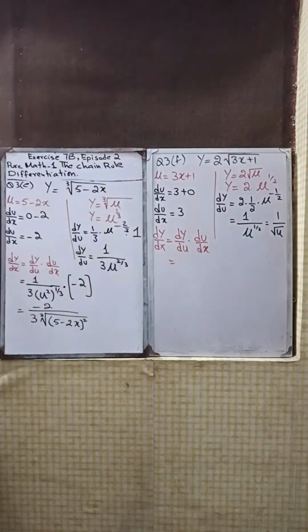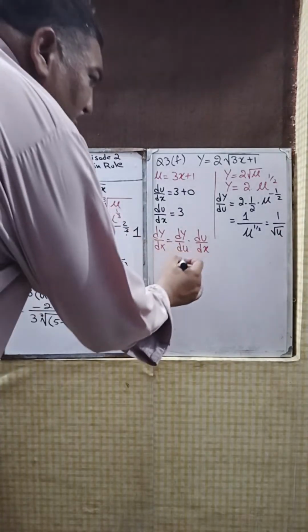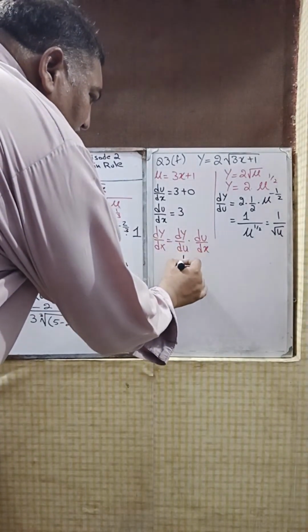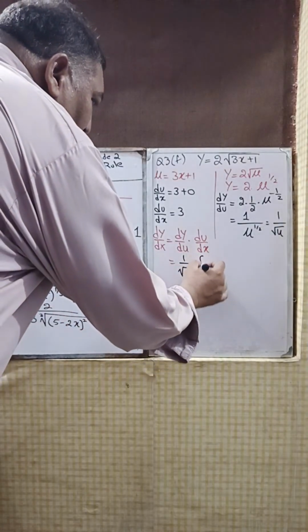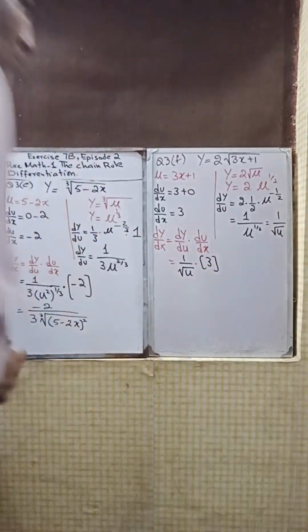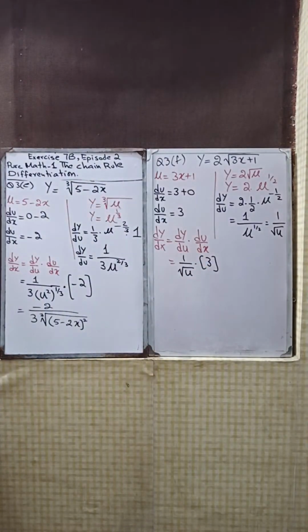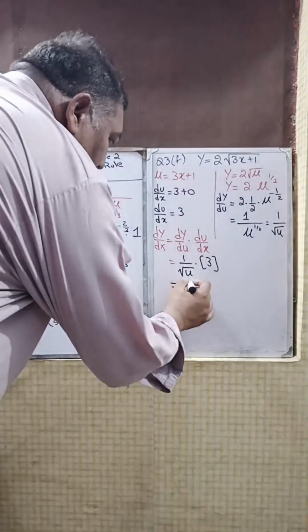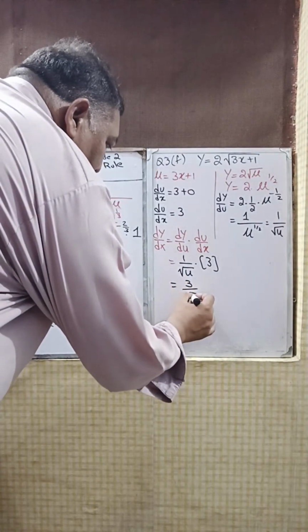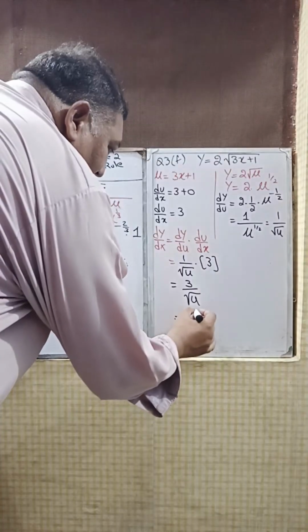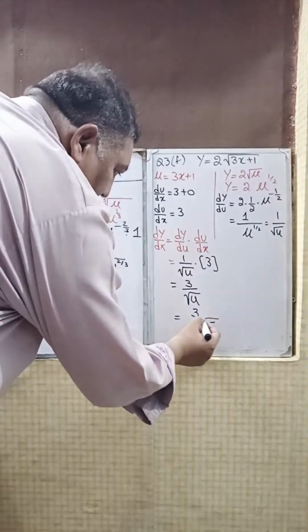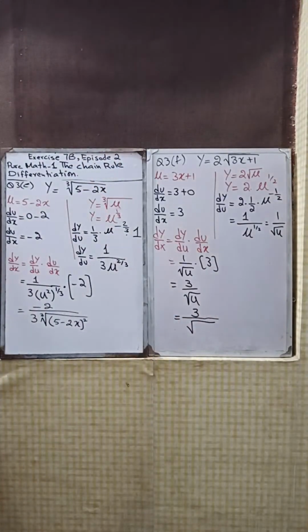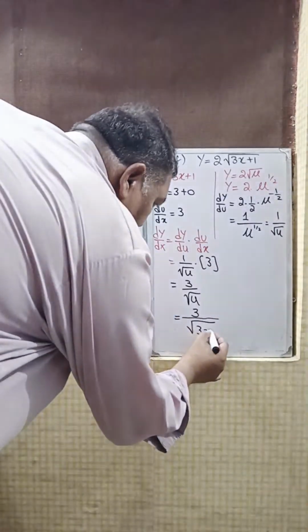So dy by du will be 1 divided by the square root of u, into du by dx, which is 3. So this will become 3 by under root u. So put the value of u back here. So this thing will become 3 by under root of 3x plus 1.